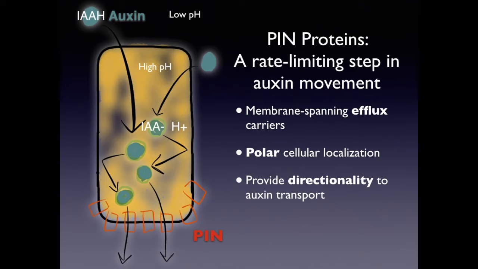And what that polar distribution allows you to do is apply a directionality to auxin movement. So if my auxin is in this cell and it's exported by my PIN here, it's going to be easily taken up into the adjacent cell, and in that cell it might have polar PIN that's directing it yet in another direction. Okay? So that's what PIN proteins do. They link cell polarity and tissue polarity, and they control the distribution of auxin throughout the plant.